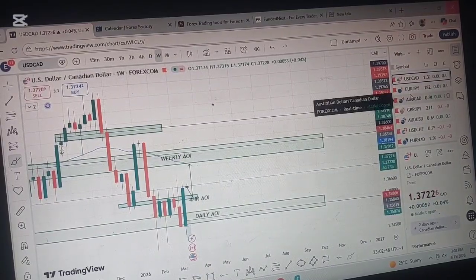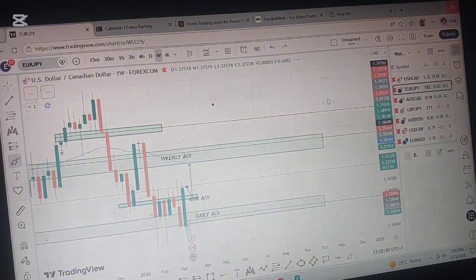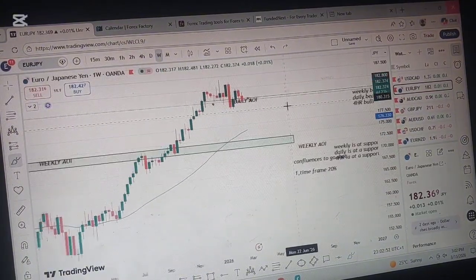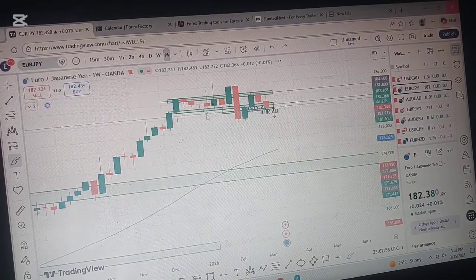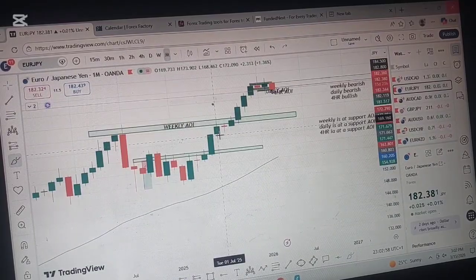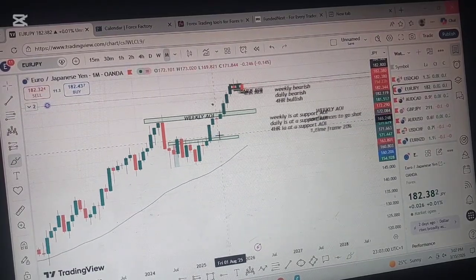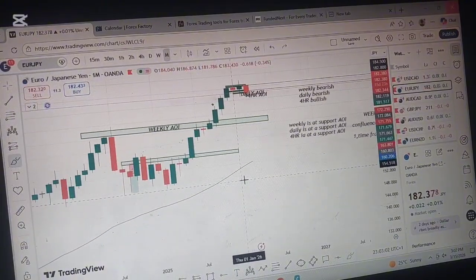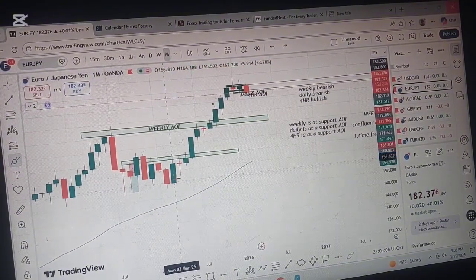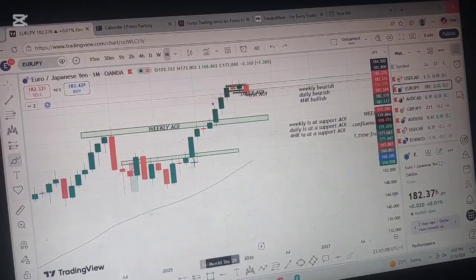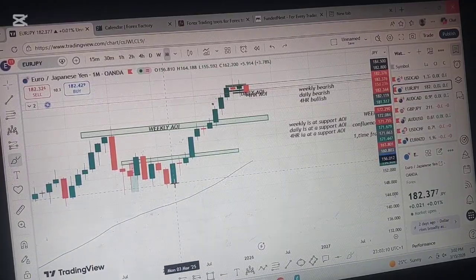So USD/JPY. I like starting from the monthly. Sometimes I start from the weekly. So you can clearly see on the monthly time frame on USD/JPY, we have had a massive move to the upside since March 2025.